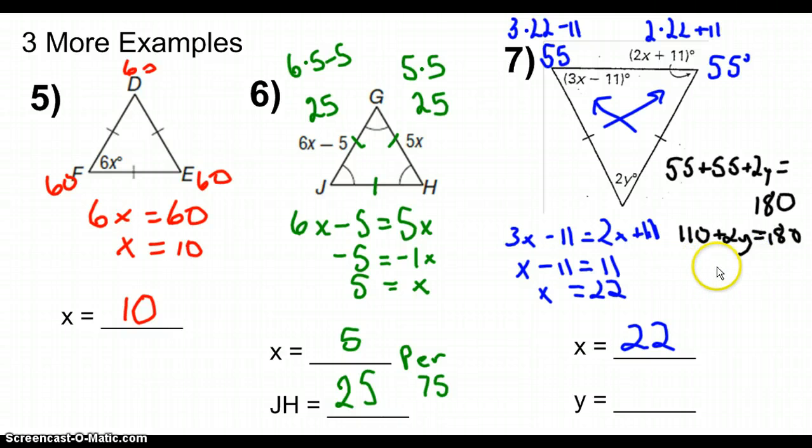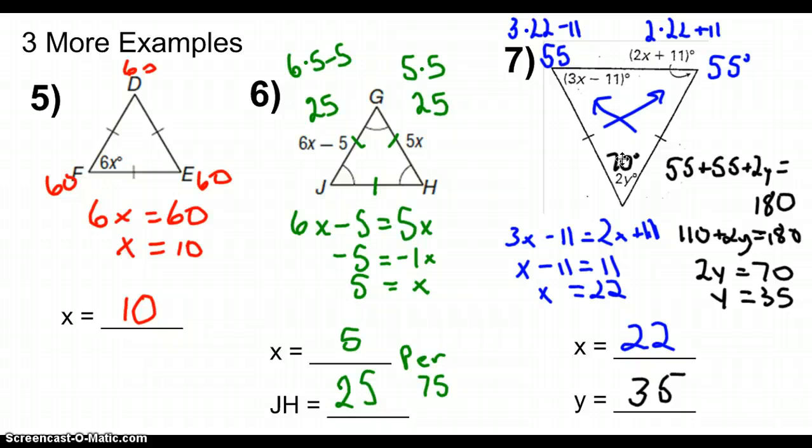If we subtract 110, 2y is equal to 70. Dividing by 2, y is equal to 35. And substituting back in, 2 times 35 gives us an angle measure of 70 degrees. And just checking, 55 plus 55 is 110, plus 70 is 180 degrees.